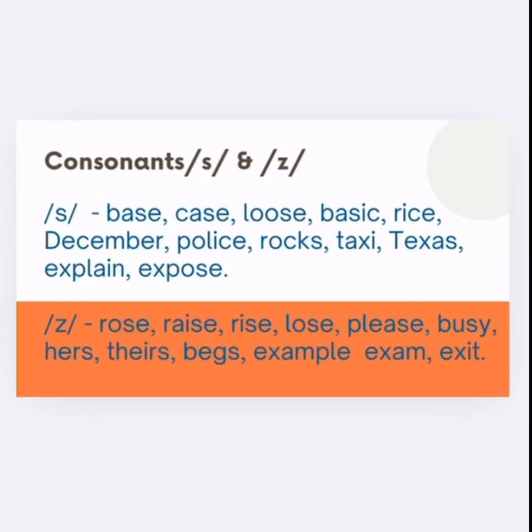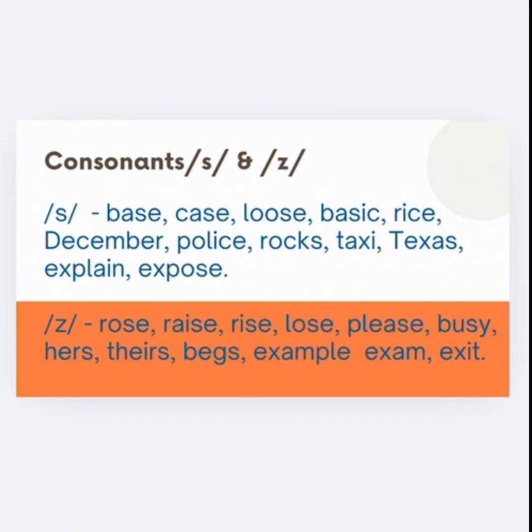So the sounds we will learn today are the S and Z sounds. These two sounds are often confused and mispronounced by Nigerians. The one thing you must realize is the spelling of a word does not always directly correspond to its pronunciation.